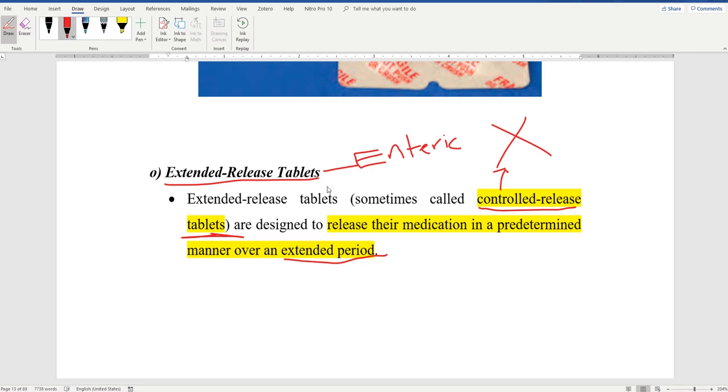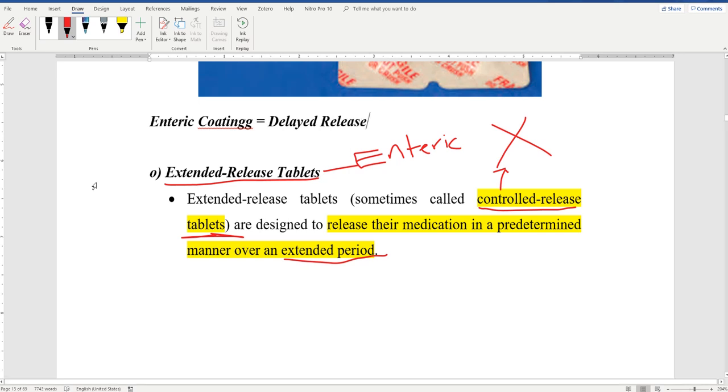Enteric coating is classified as delayed release. إذن الانتريك coating شو تساوي؟ It's delayed release tablet. And it's not an extended release.